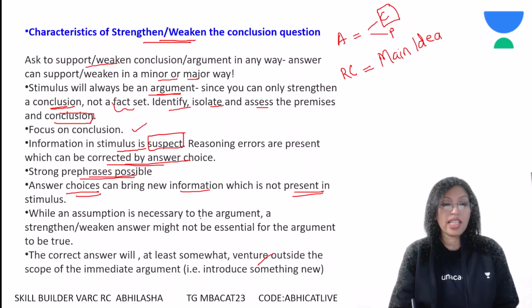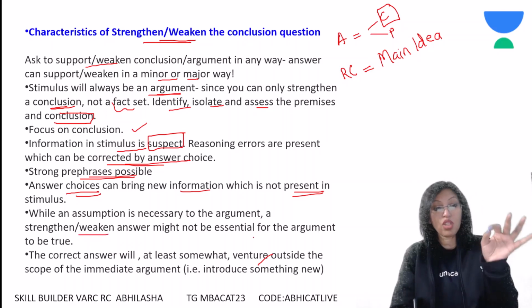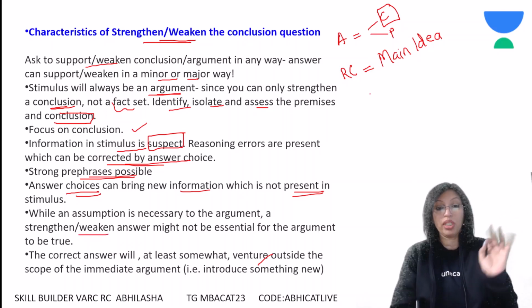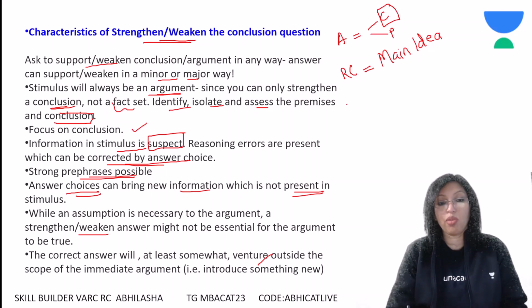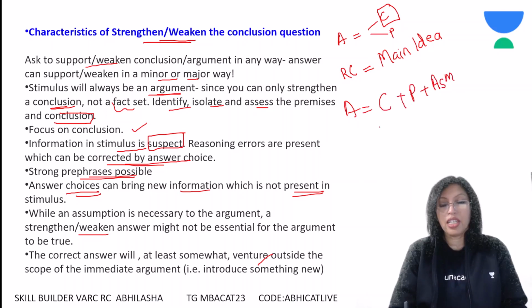While an assumption is necessary to an argument, a strengthen or weaken answer might not be the essential assumption for the argument to be true. Remember this. So when you have an argument, the argument comprises a conclusion, a premise and an assumption. Now we know that the conclusion is equal to the premise plus the assumption.